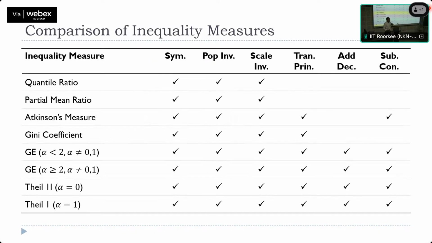Properties. What do these inequality measures satisfy? These measures depend on the part of the distribution. Do they satisfy some of these basic properties? But if you go to the transfer principle, subgroup decomposability, and all these things, they do not satisfy. Atkinson's measure is good, but inequality decomposition is not satisfied.